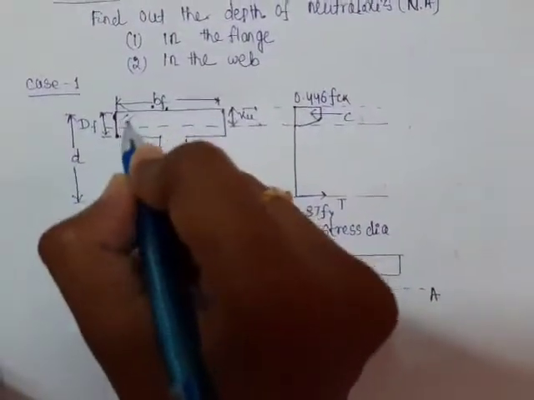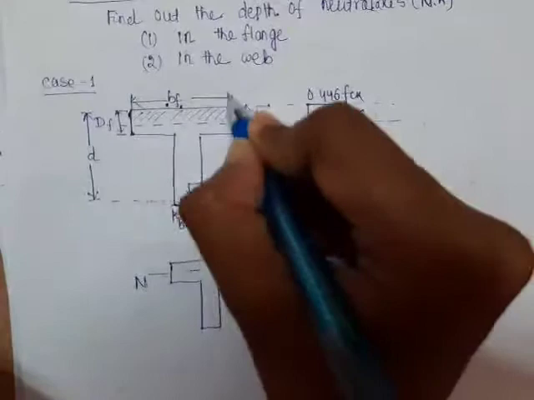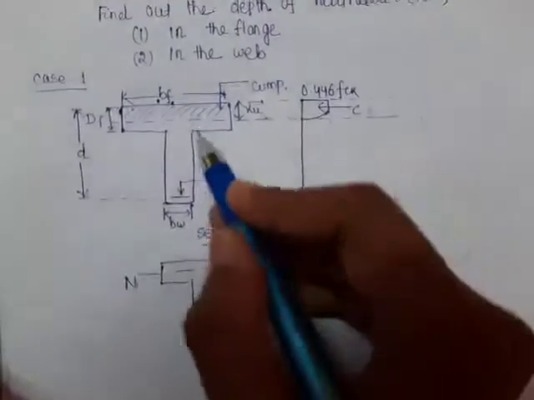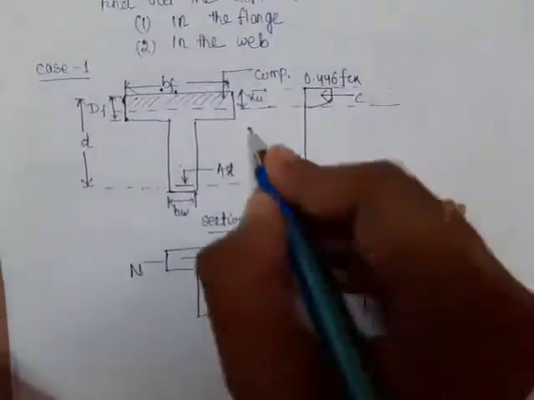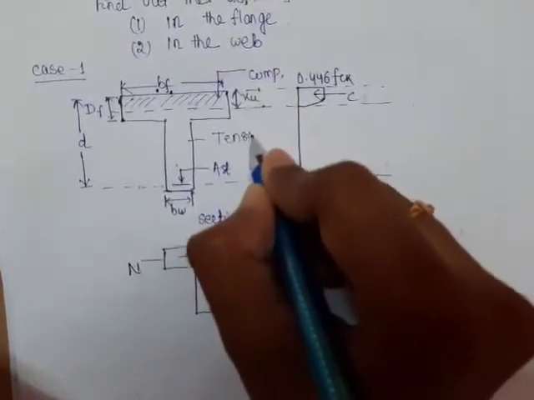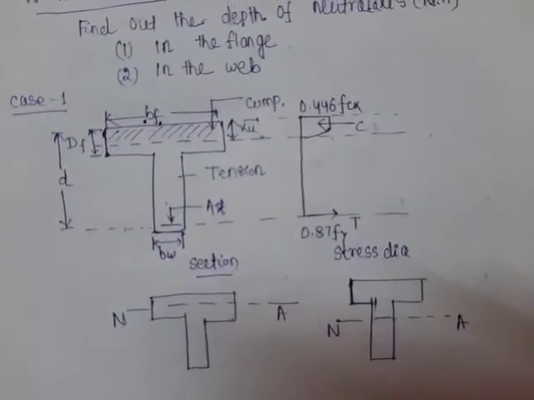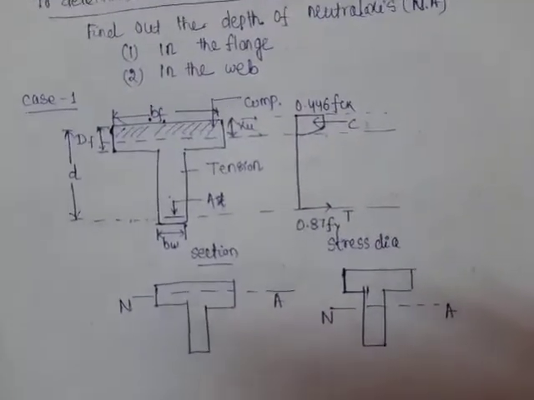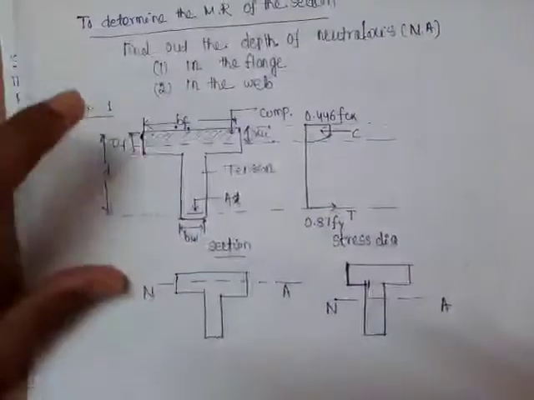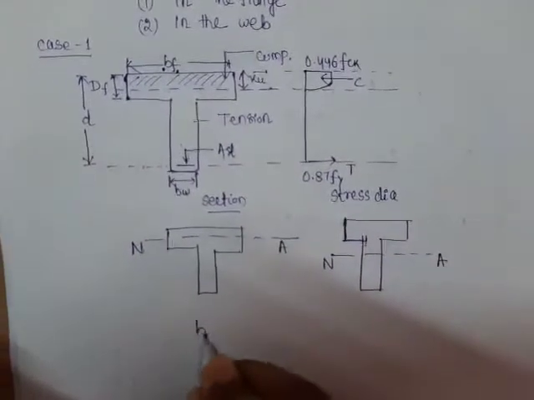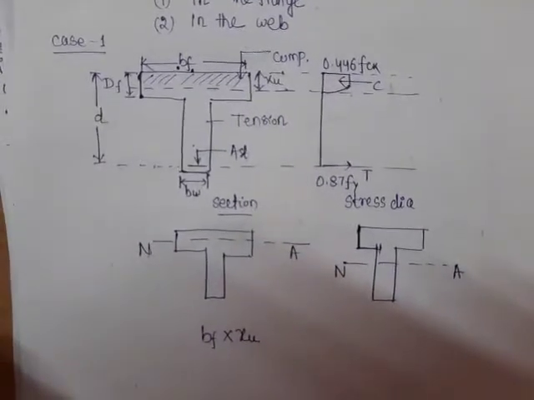The portion above the neutral axis will be in compression, and the portion below the neutral axis will be in tension. That we have already discussed before. So here in this case, the portion above the neutral axis is nothing but your BF into XU.